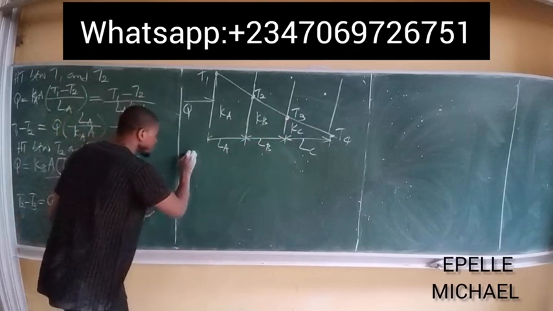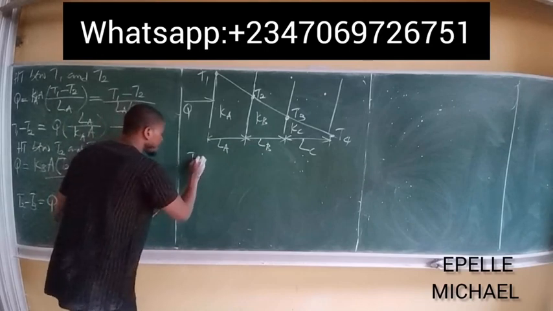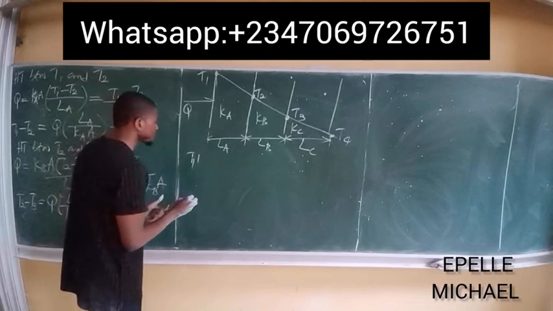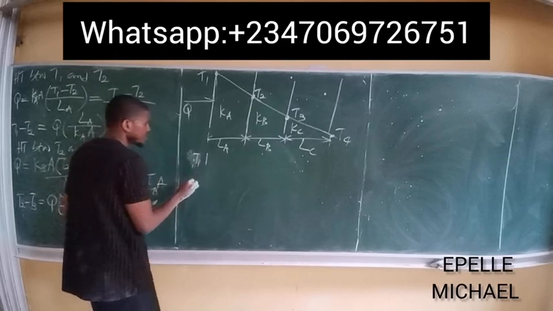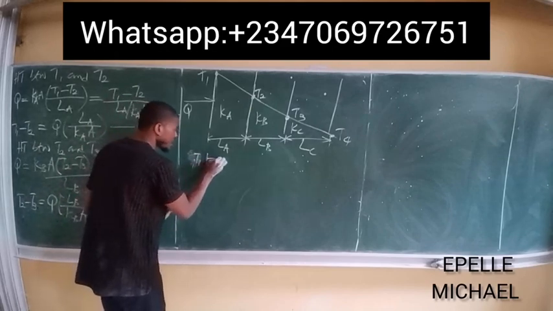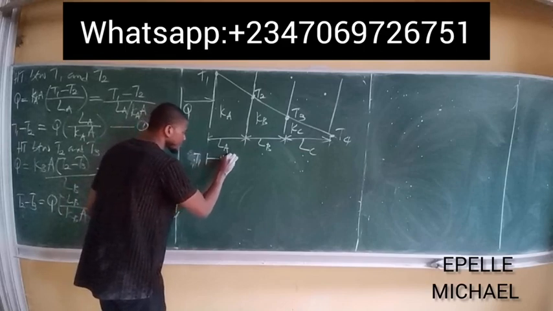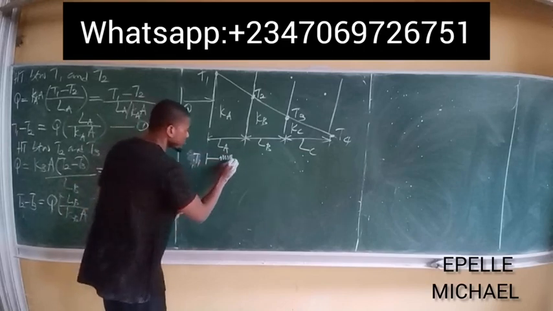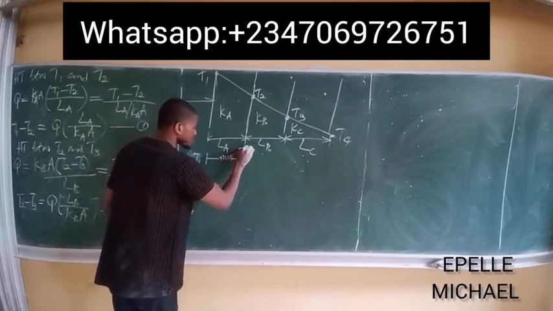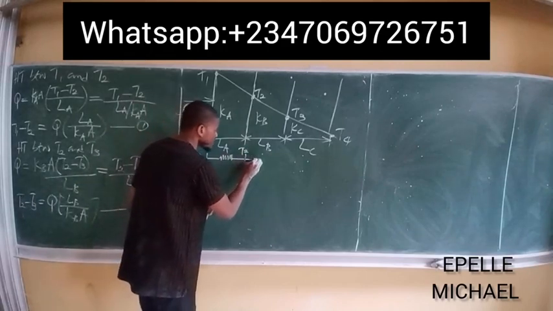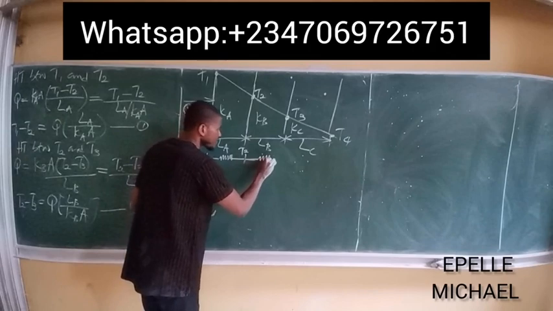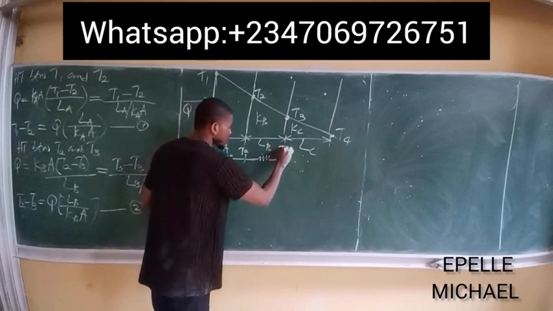I have temperature T1 here, this side of the wall. Now this heat flows and experiences a thermal resistance before getting to this temperature T2. The same thing happens: the heat flows from this temperature, experiences also a thermal resistance before getting to temperature T3.